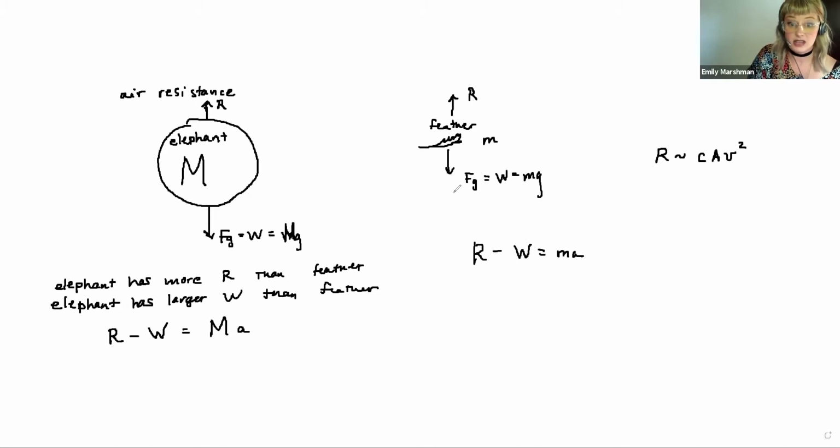It also has a small air resistance compared to the elephant, but what happens is that eventually, as this thing drops, R, the air resistance, can become equal to the weight. Because the weight of this feather is so small and the air resistance is rather small, it doesn't take very long for the air resistance acting on this feather to be equal to the weight of the feather.